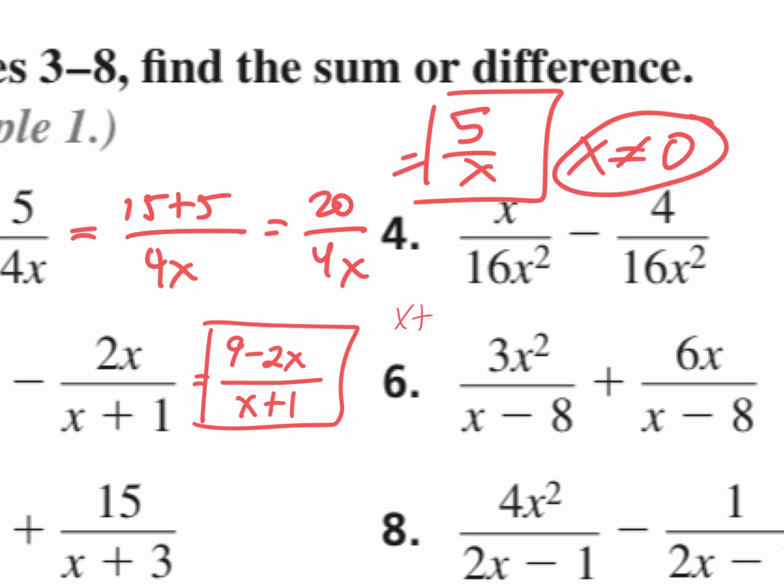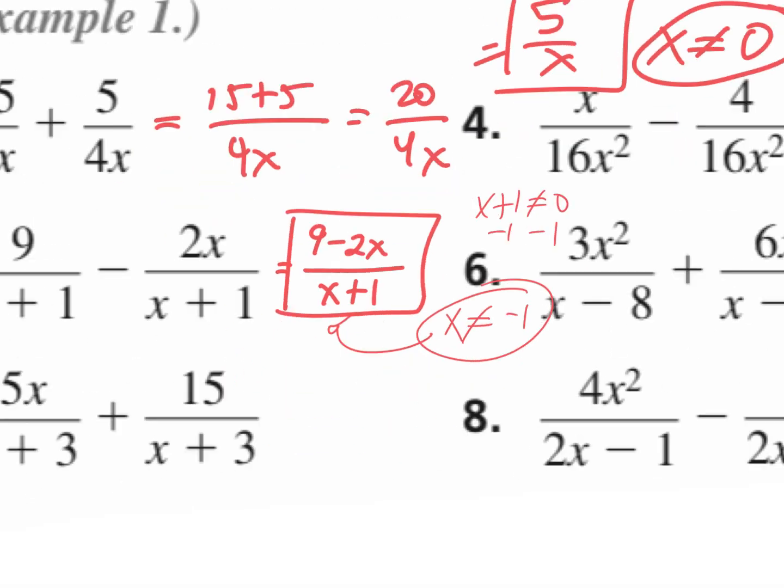If I set my denominator not equal to 0, what happens? If I subtract 1 from both sides, what can x not equal? -1. And then just check, guys. Just look at that and say, okay, let's just make sure. If you plug -1 in right here, what's -1 plus 1? 0. So then you're like, oh, okay, yeah, that makes sense.